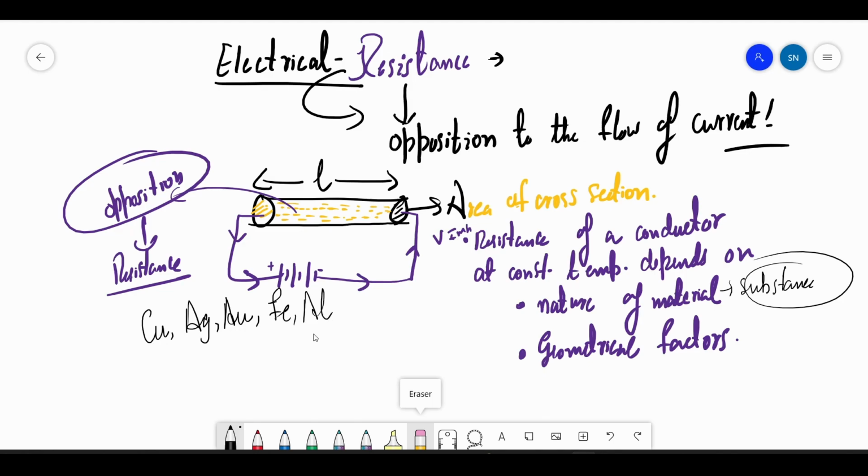What does geometrical factors mean? Sir, the shape. Exactly, the shape. So can we say the length, the area, volume? Yes, of course.